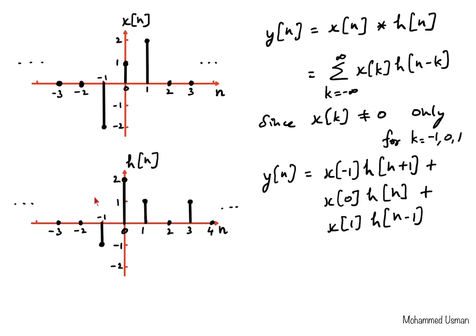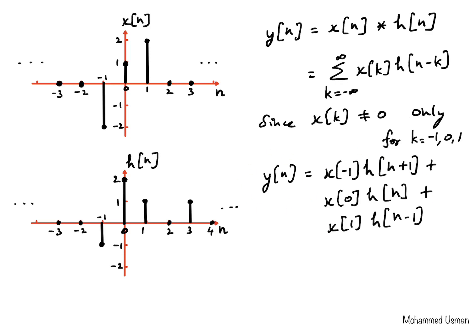So we take h of n, shift it to the left by 1, and scale it by the value of x at n equal to -1. Similarly, here it is h of n minus 1, that is the right shifted version of the impulse response, scaled by x of 1, and then we add all of these to get our output y of n.